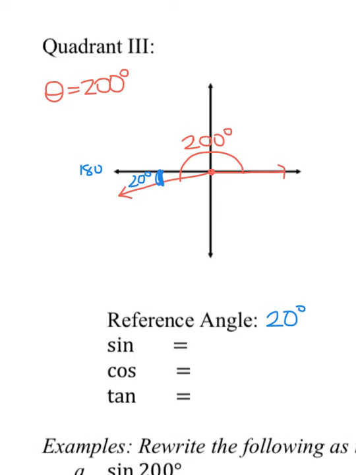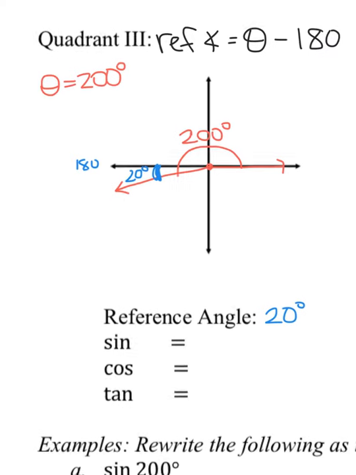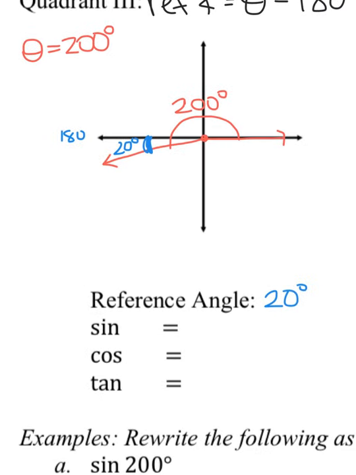Your general rule in quadrant 3, to find the reference angle, your reference angle is theta, so theta comes first in this one, minus 180. Theta minus 180. So now down here, again, our example was 200 degrees, so you're going to put 200 in for all of these.